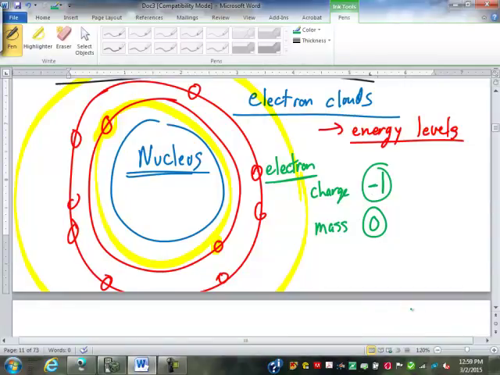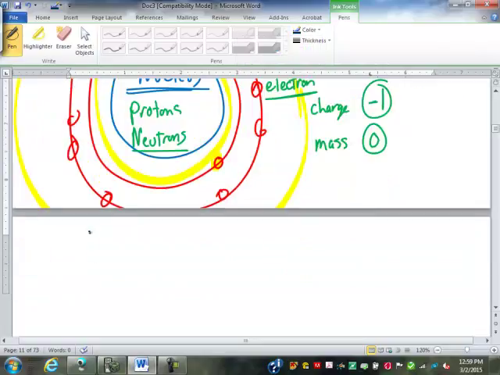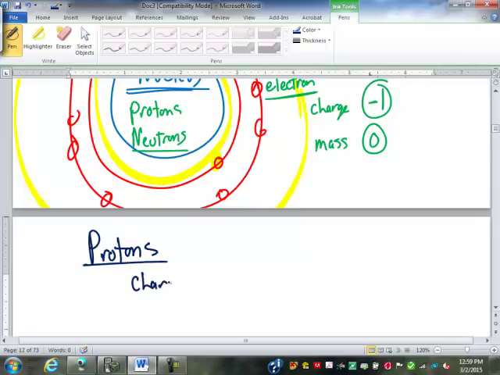So anyway, in the nucleus then, we have two pieces, protons and neutrons. Protons have an electrical charge of +1.